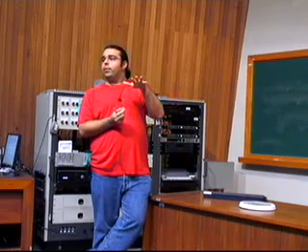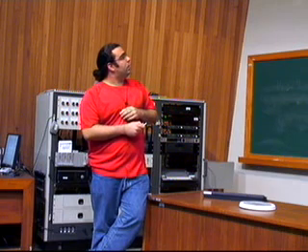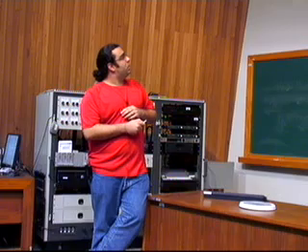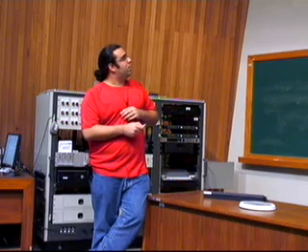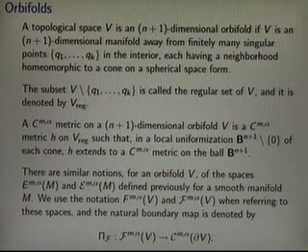You can always pass to a cover. Okay. So that's what it's saying here. These singular points have neighborhoods homeomorphic to a cone on a spherical space form. So you can pass to a cover and work on this cover.